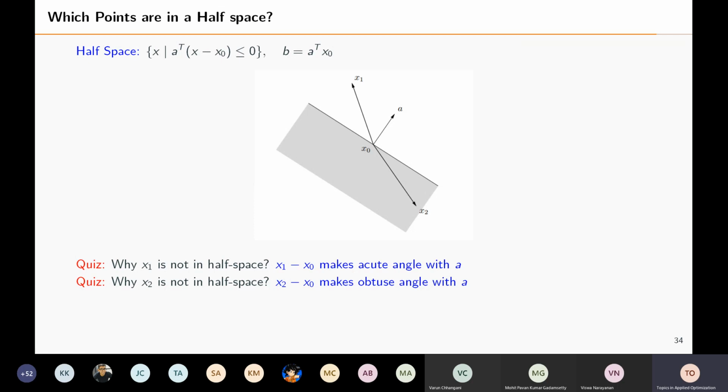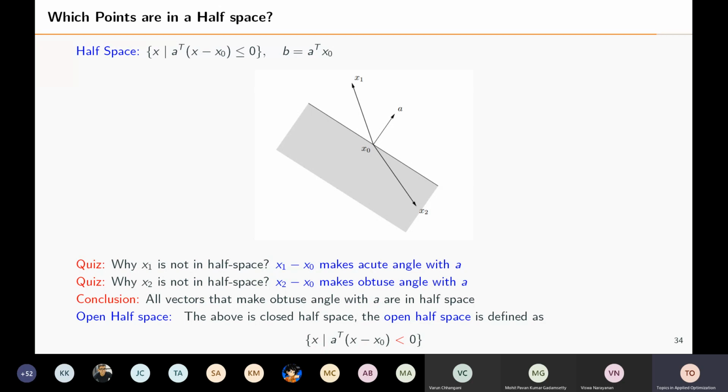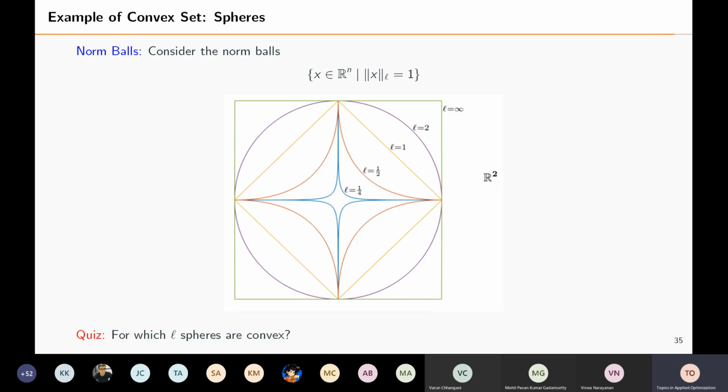Is x2 in the half space? Yes, x2 is in the half space, because in this case it makes an obtuse angle and satisfies this criterion. So this is now characterized.